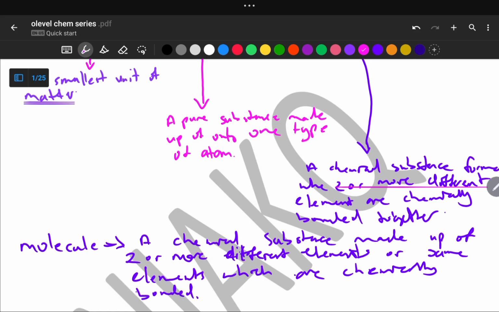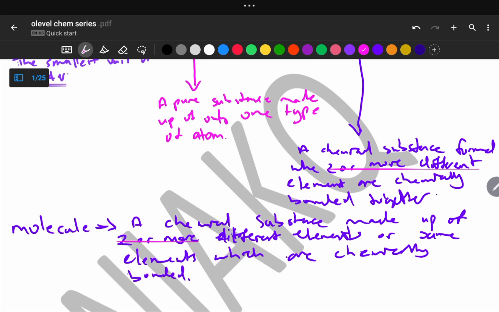We are having two or more, different or the same, but for compounds we only have different, so you need to take note of that.